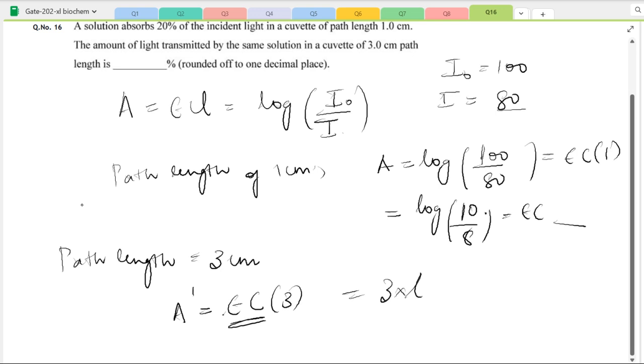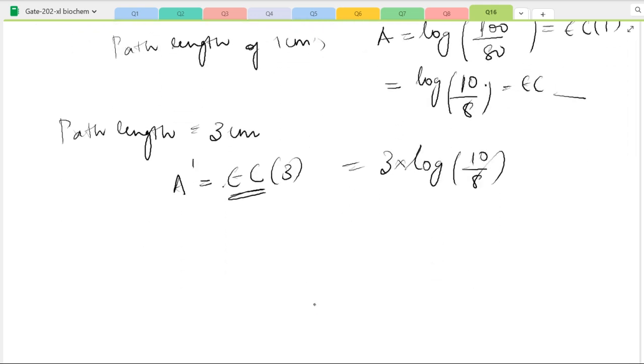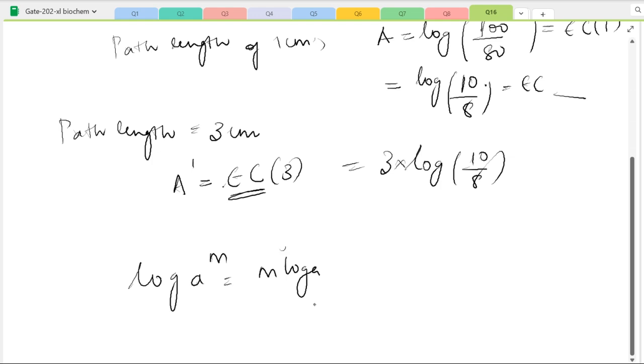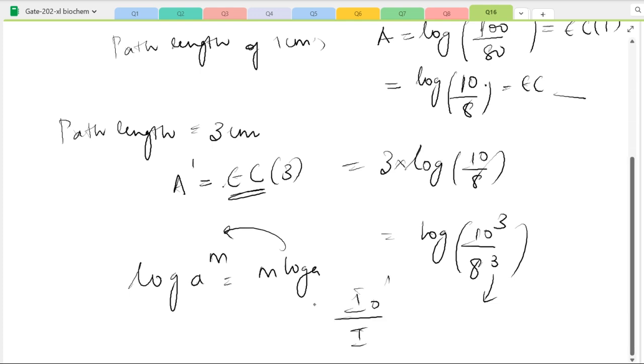So 3 into log of 10 by 8. If you know the basic logarithmic rules, we know that log of a power m equals m into log a. So I can do it this way: log of 10 cube divided by 8 cube. So this is the new I naught prime by I prime, right?